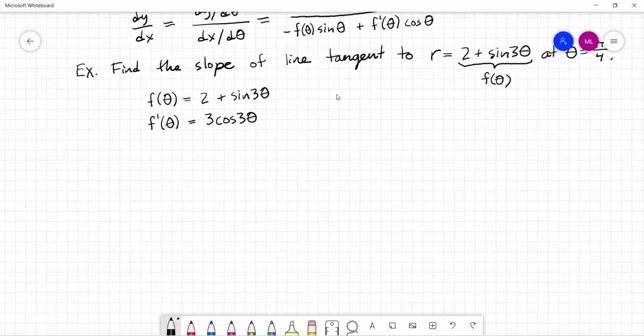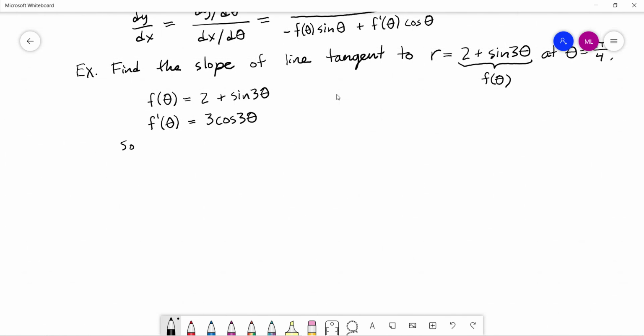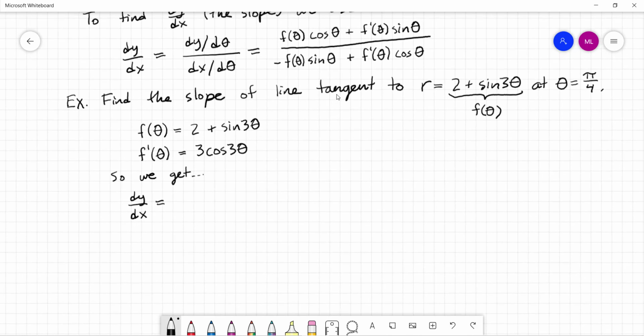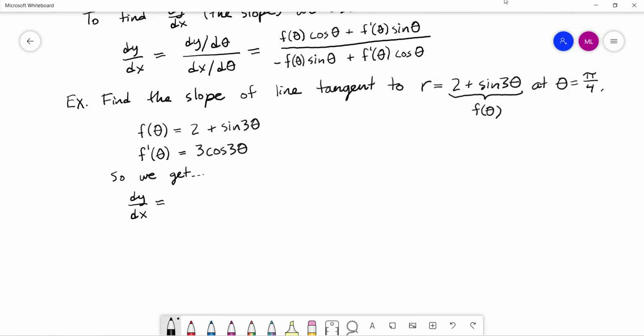And so our slope is just dy dx. So we get our slope, which is dy over dx, which is this formula right here.